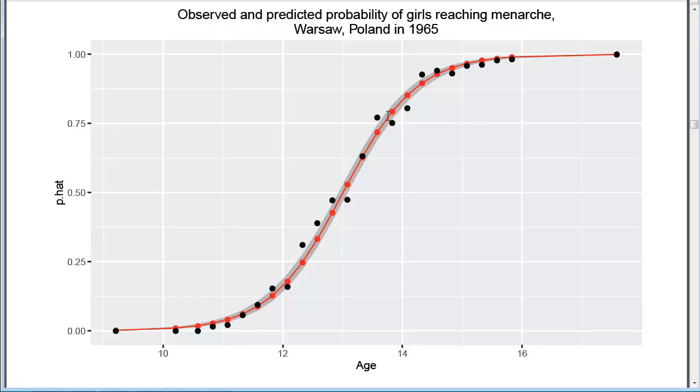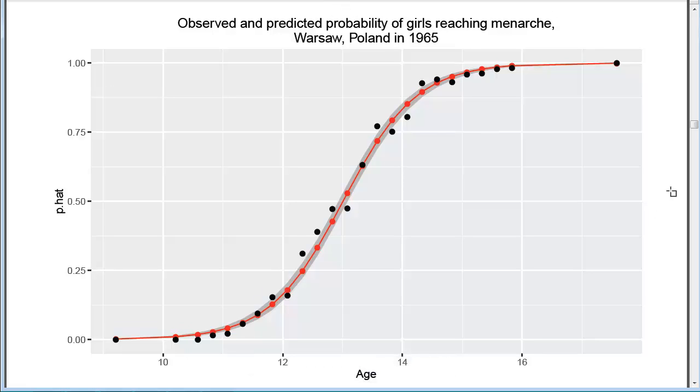And then I have a gray bar, which is the confidence band around the regression line. So with 95% confidence, we are 95% confident that the true regression line, at least point-wise, falls inside that gray regression band.